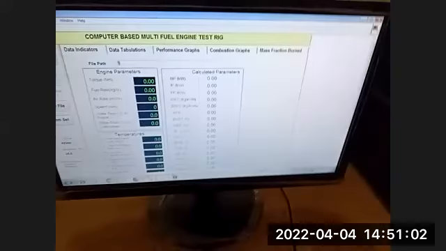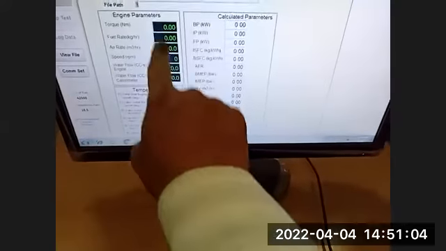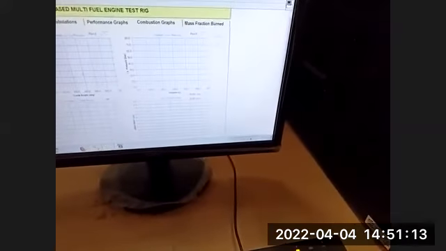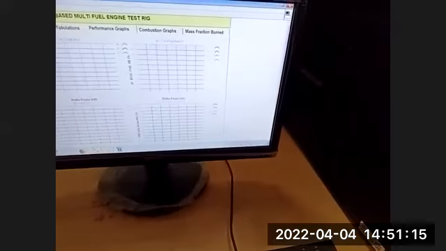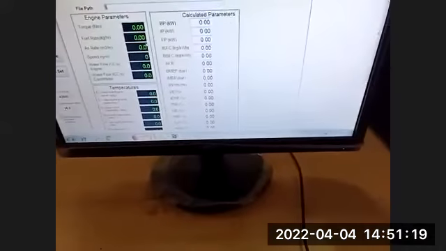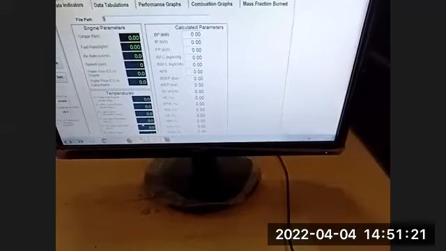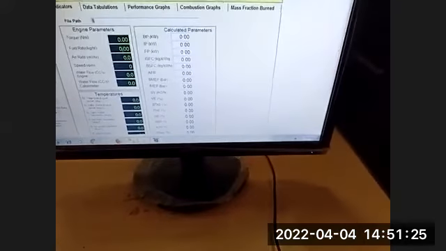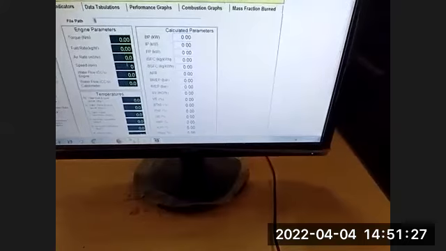When the engine is running, the data will be logged automatically, and when we click on the graphs, the performance graphs will be drawn. Presently, we don't have the engine started, and therefore the values are 0. When the engine starts, we will have values over here.